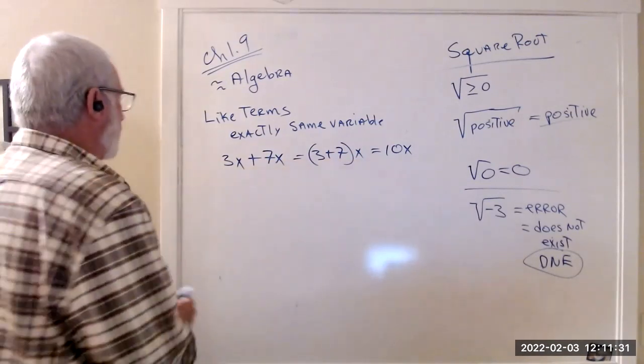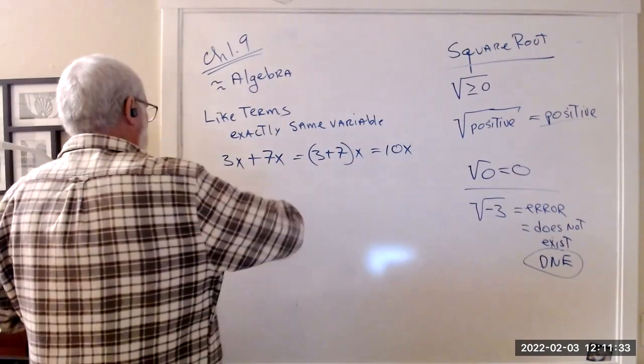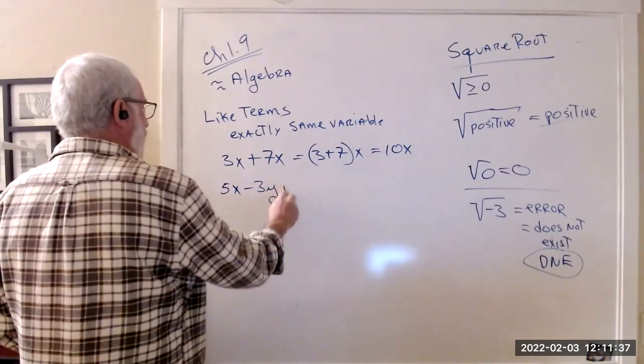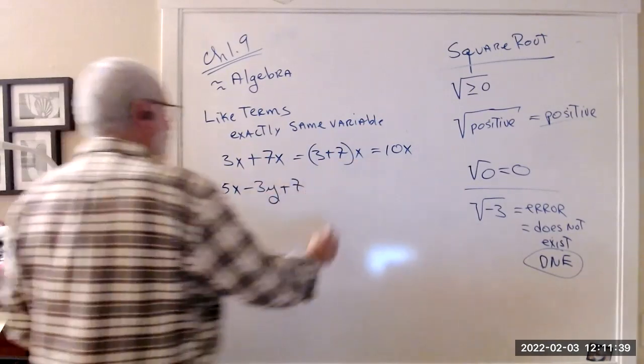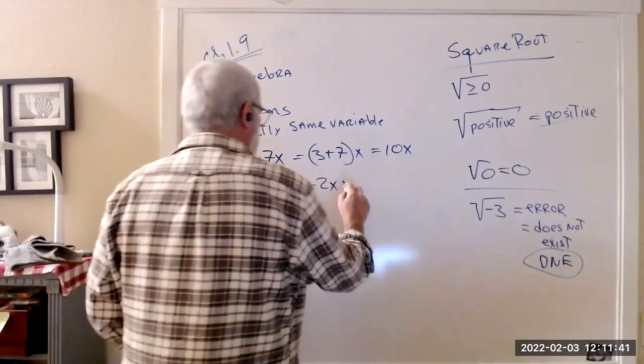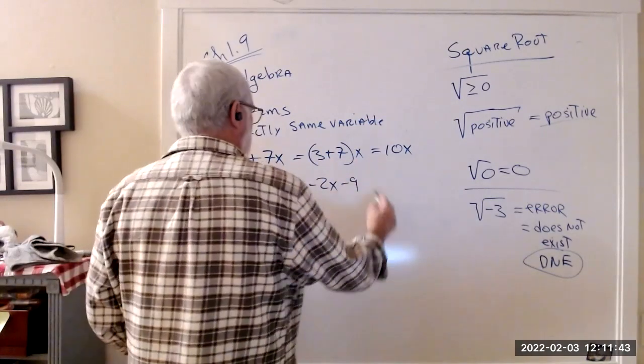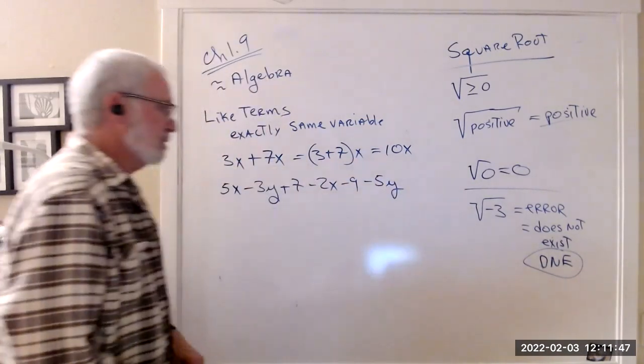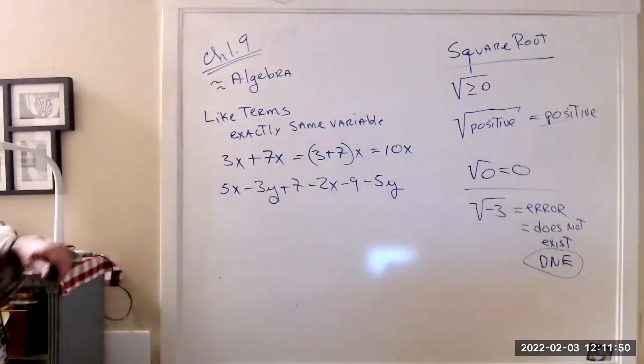Okay, how about 5x minus 3y plus 7 minus 2x minus 9 minus 5y. Whew.